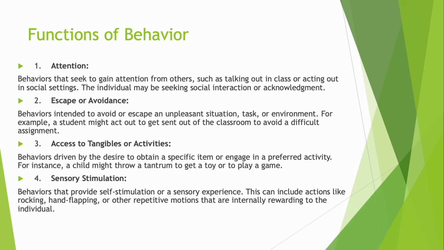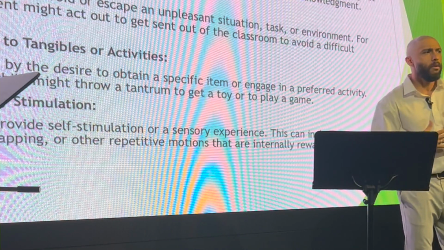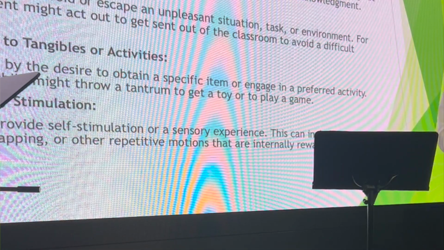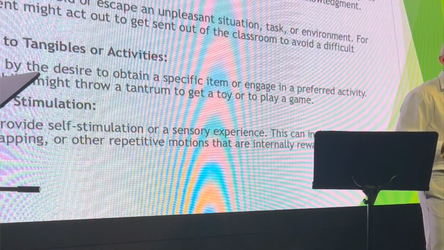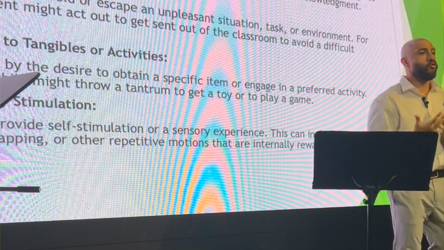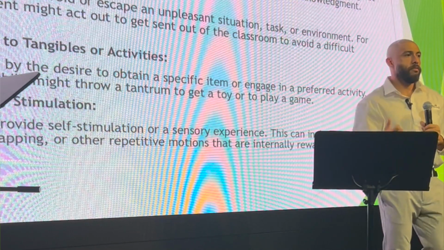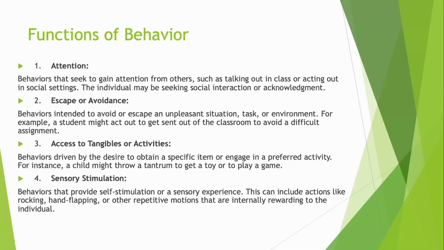So to give some examples, an attention-maintained behavior: a child that has limited expressive language and communication may engage in, let's say, loud vocalizations or screaming in order to get their mother's attention. That may be one maintaining variable or one motivating factor for the child to engage in that behavior.